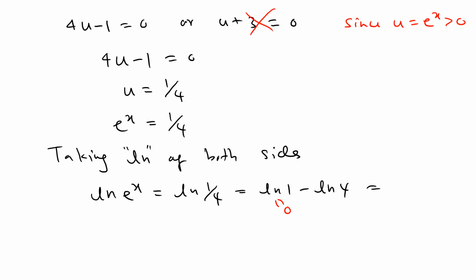So this is simply negative ln 4. On this side, ln e cancels, so we get x. So x equals negative ln 4. That is the solution to the problem.